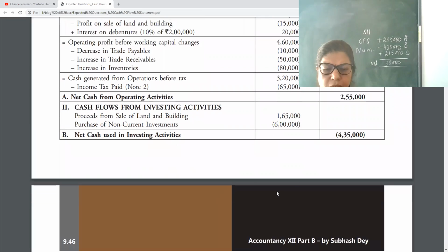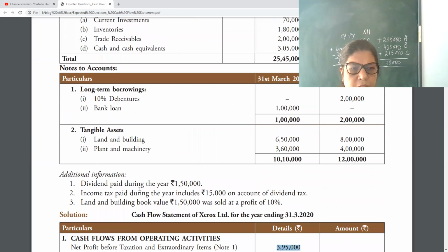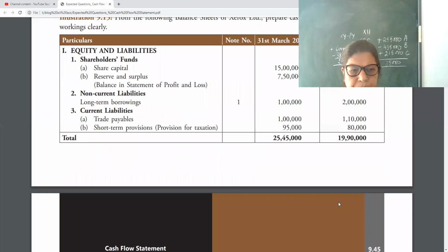Yes, come to the working note again. This is NPBT, net profit given in the question, the difference of current year and previous year. Simply, you should use one formula: current year minus previous year. I'll show you. See this one.